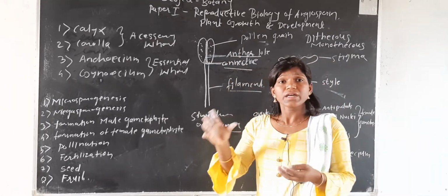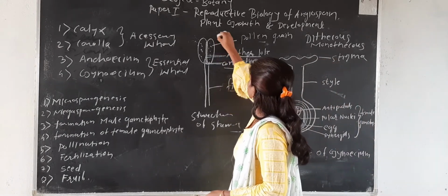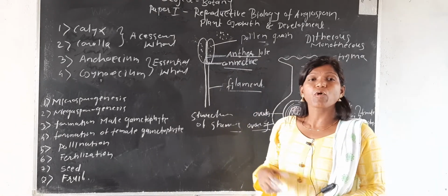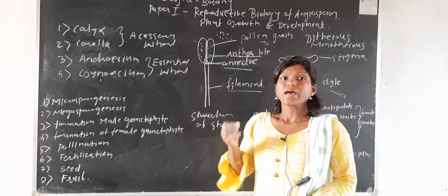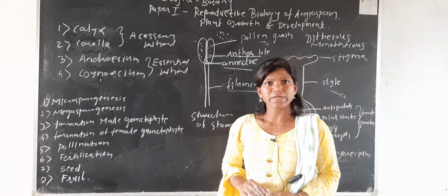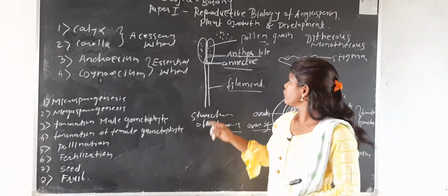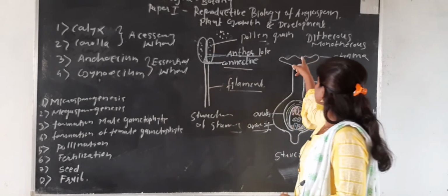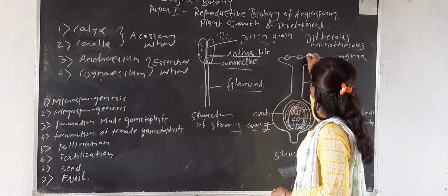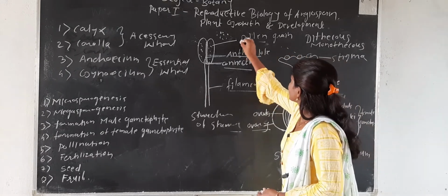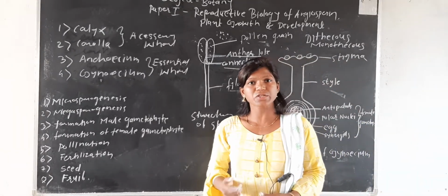They are released from it and they produce pollen grains. Okay. So pollen grains are also called microspores. Then pollination takes place. What is pollination? The transfer of pollen grains from the anther to the stigma is called pollination.